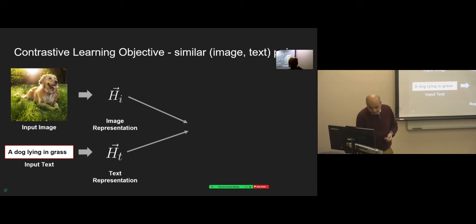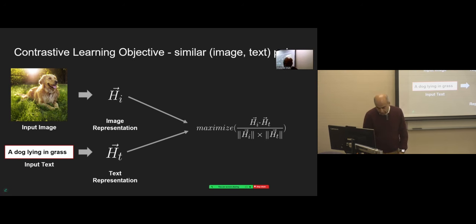Since this image and the caption match, it's a positive pair. So we want to maximize the similarity between the two representations. And the similarity of two vectors is a dot product, yes? And we normalize it with the magnitude so that it's scaled. So that is our criteria.